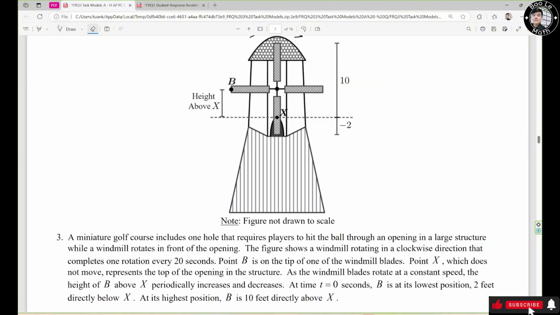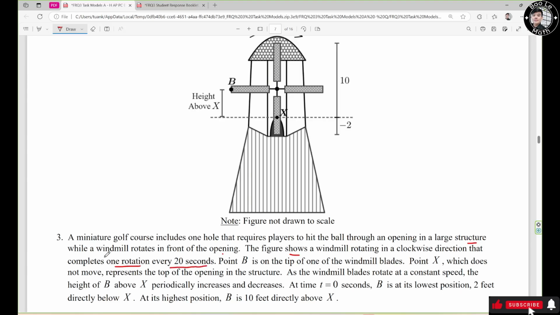Model D. A miniature golf course includes one hole that requires players to hit the ball through an opening in a large structure, while a windmill rotates in front of the opening. The figure shows a windmill rotating in a clockwise direction that completes one rotation every 20 seconds.